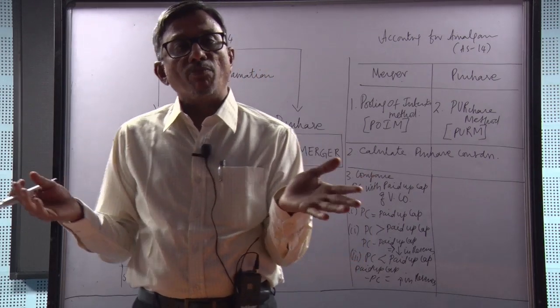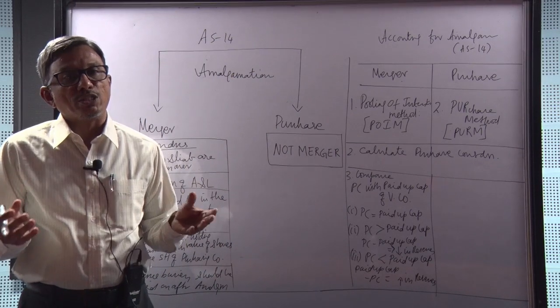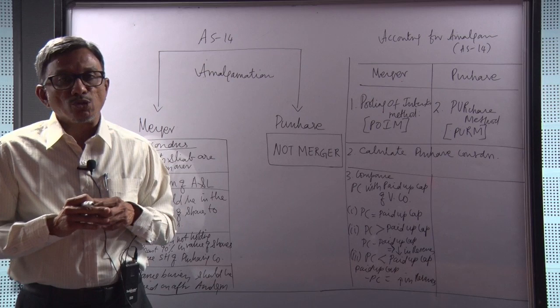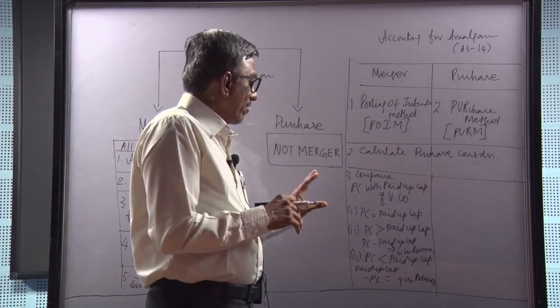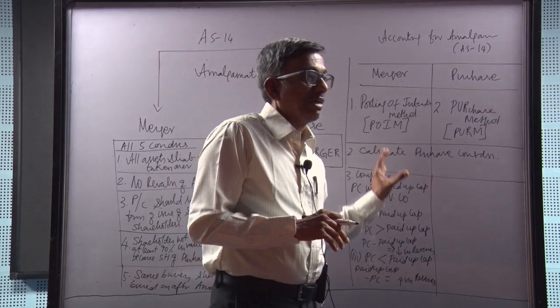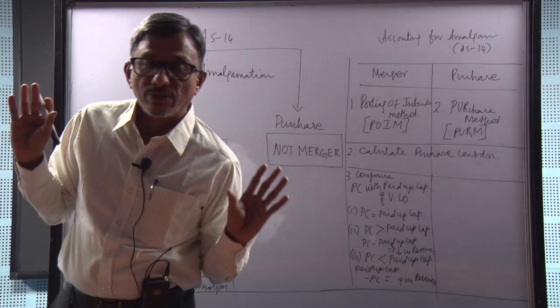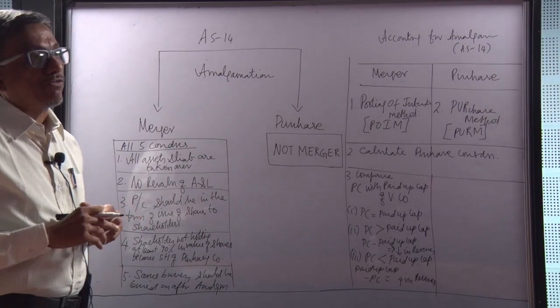Every other reserve should be taken over by the purchasing company. That means, in other words, you have to record the reserves of the vendor company also in the books of the purchasing company. The excess of consideration or paid up capital otherwise should be adjusted in general reserves only, not in any other reserves. This is how we have to apply merger pooling of interest method.